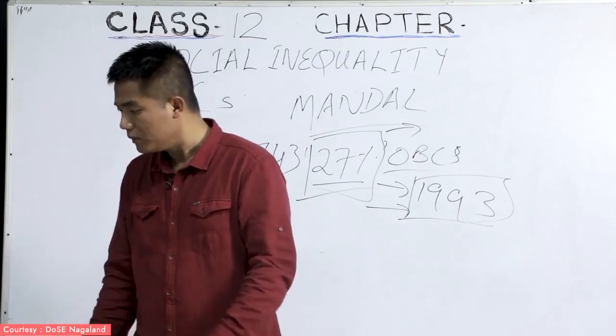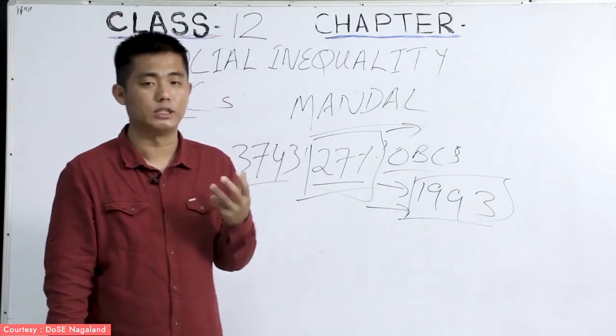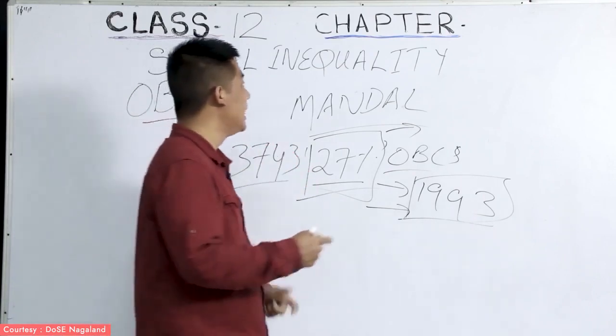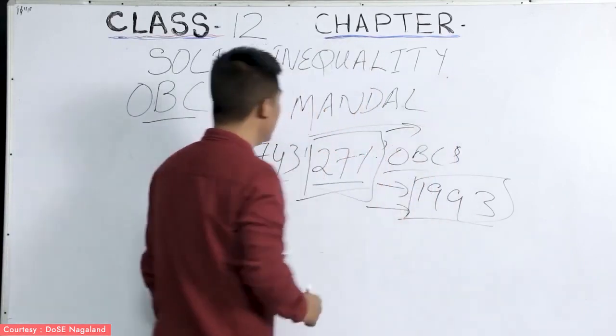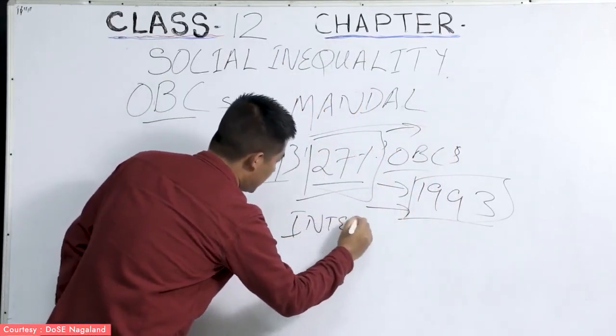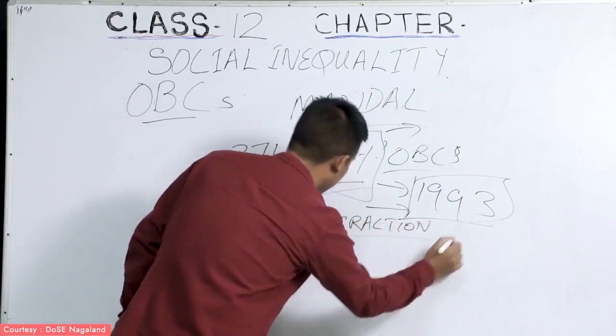Now, the next is, what were the main problems of these OBCs? The first problem is lack of interaction, I-N-T-E-R-A-C-T-I-O-N.